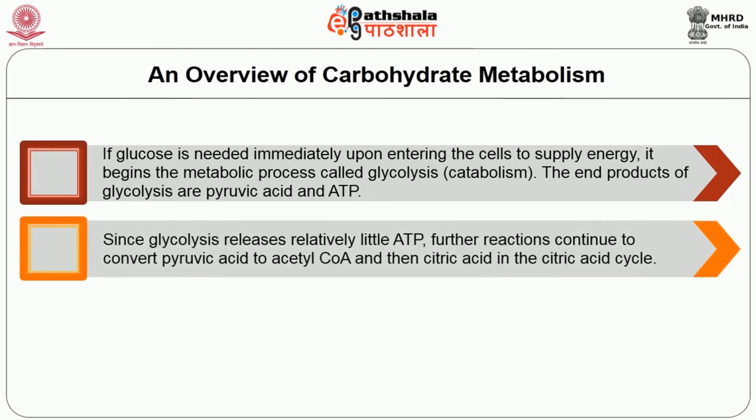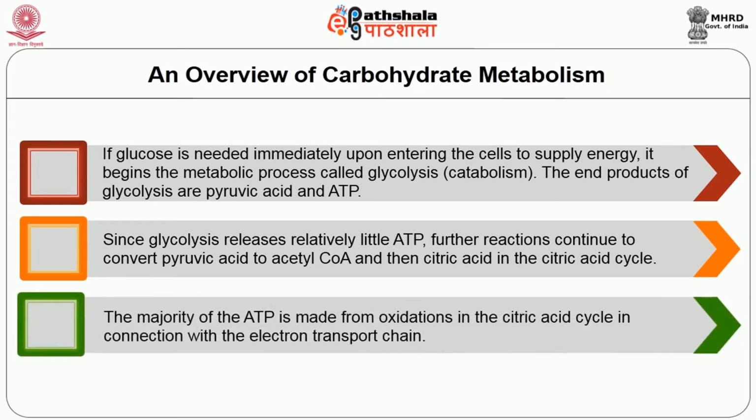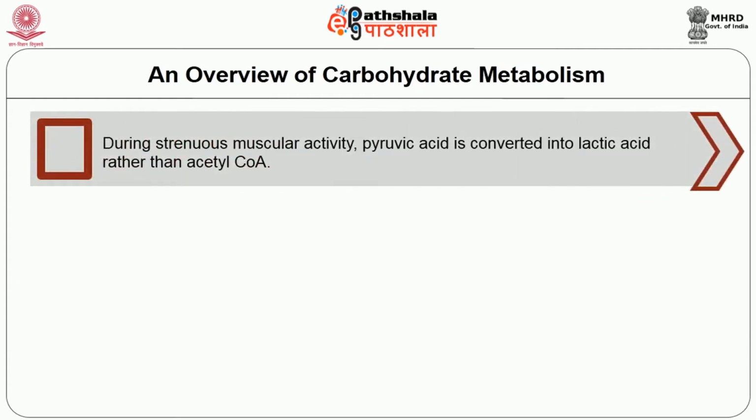Since glycolysis releases relatively little ATP, further reactions continue to convert pyruvic acid to acetyl-CoA and then citric acid in the citric acid cycle. The majority of the ATP is made from oxidation in the citric acid cycle in connection with the electron transport system. During strenuous muscular activity, pyruvic acid is converted into lactic acid rather than acetyl-CoA.